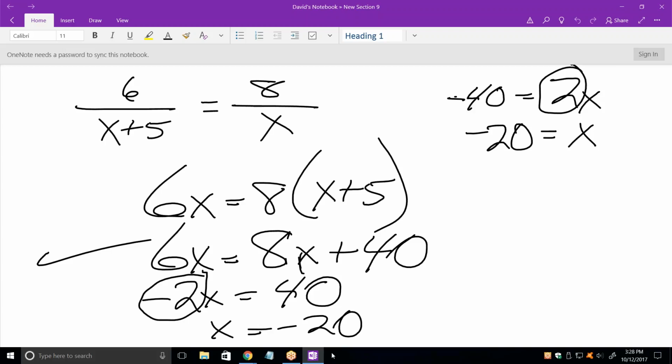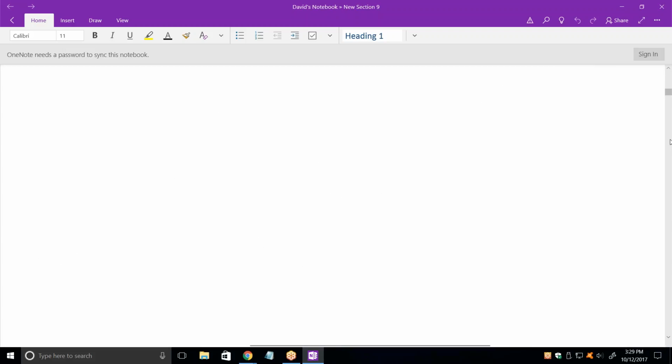So I'm going to move my 6x to the right. Okay. I think I got that. And that's just a standard rule that I follow. It's not necessary. You can do it either way, as long as you're good with negative numbers. But what I've found is that most people make mistakes when confronted with negative numbers. Yeah, that's true.